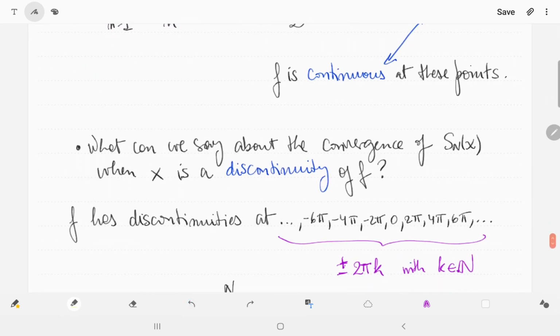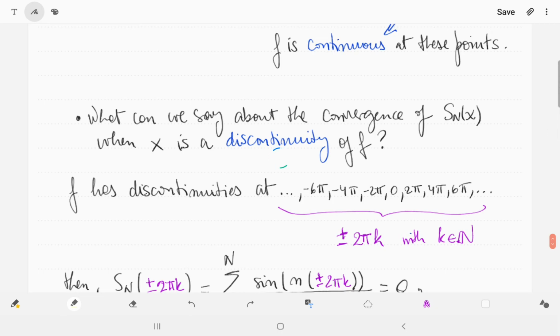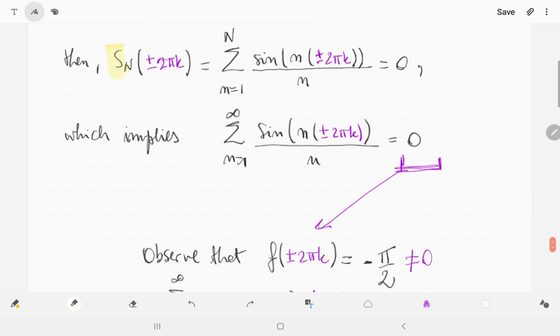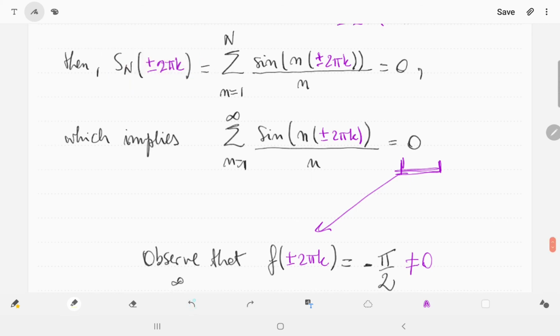But when we are in these points, minus 6 pi, minus 4 pi, minus 2 pi, 0, 2 pi, and so on, which we can write as plus or minus 2 pi k with k in N, if we take a look at the partial sums in these points where f is discontinuous, we just replace x by these points, and we have sine of plus or minus 2 pi n times k.